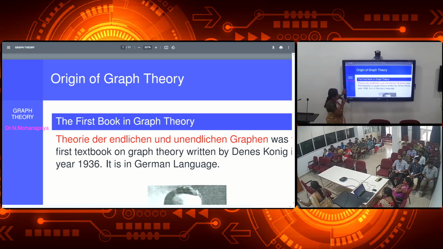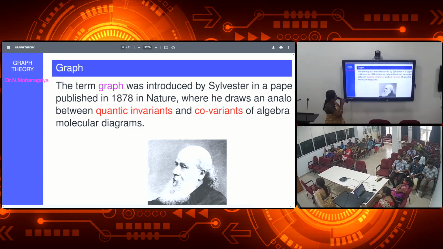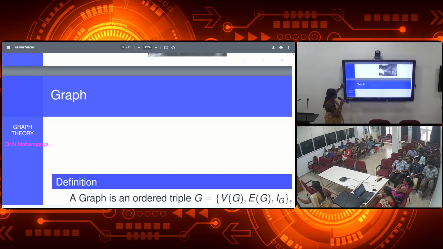That book was written in 1936 in German. Sylvester was the first chemist who introduced the concept of graph theory in chemical molecules, between the quantic invariance and covariance of algebra molecular diagrams. So he was the first to introduce chemical graph theory.